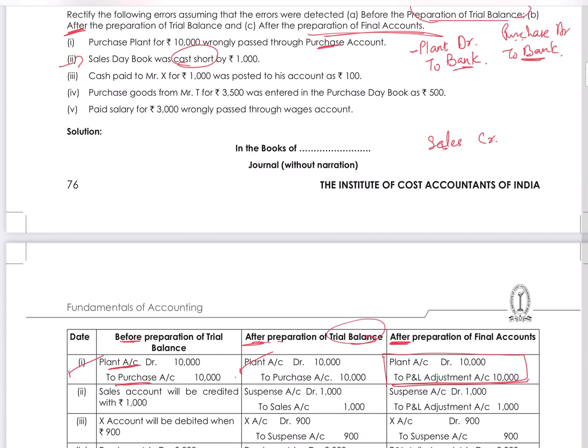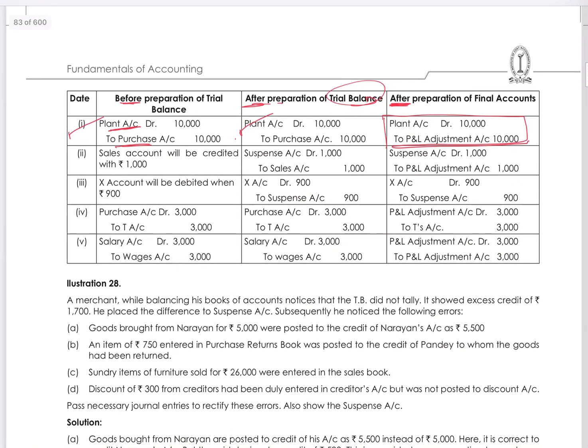But we don't know whether this sale is cash or credit. So we will put it to suspense account. We don't know which account should be debited, so we will debit suspense account. So what will the entry be? Before preparation of trial balance, sales account will be credited with 1000. That's it.